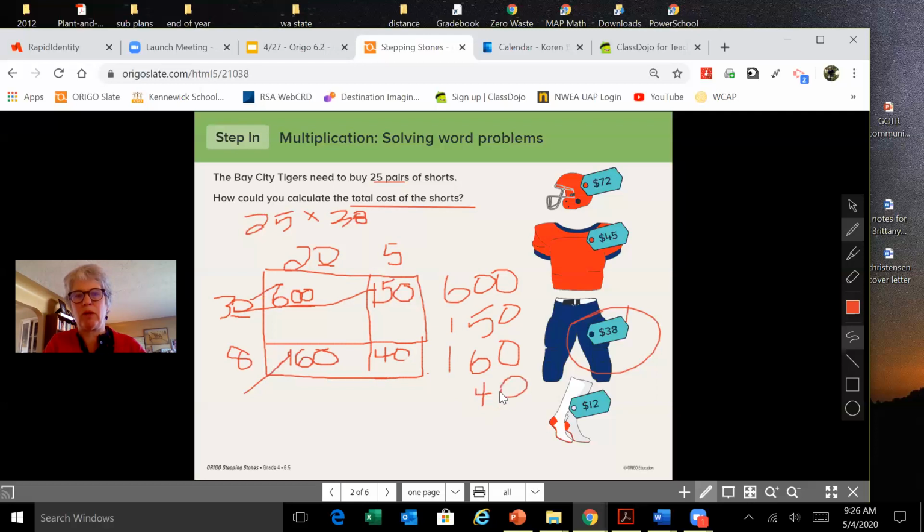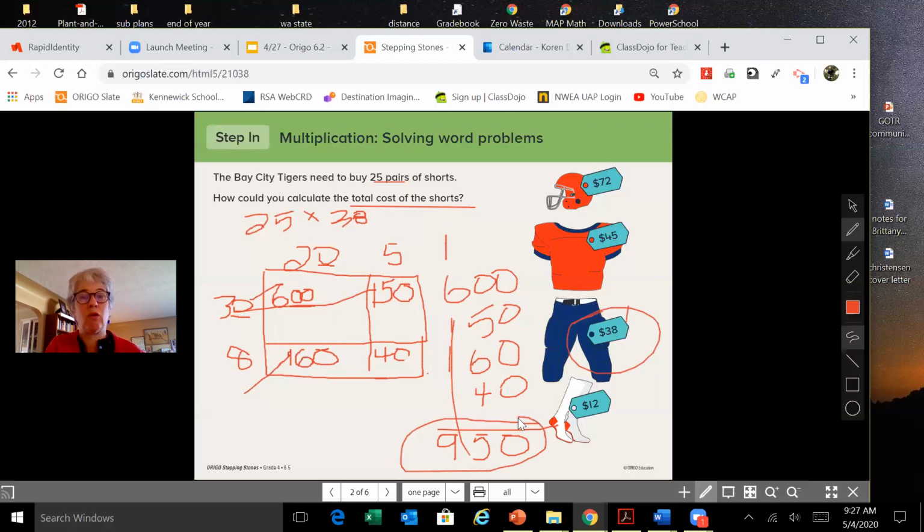Okay, well, if we add our ones, we just have 0. But then I see a 6 and a 4 is a 10, plus 5 is 15. So I'm going to put my 5 down there, and then my 1 up above. And then I've got 100, 600, 700, 800, 900. And so the cost of those shorts is $950.